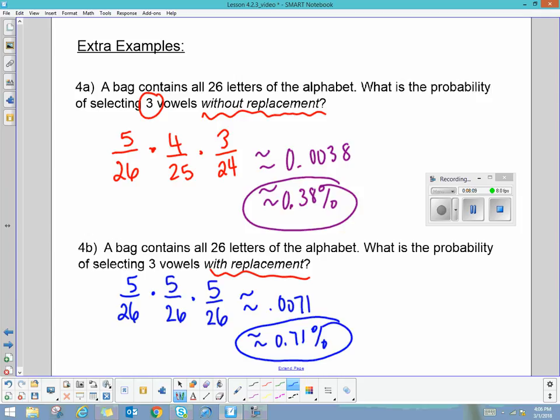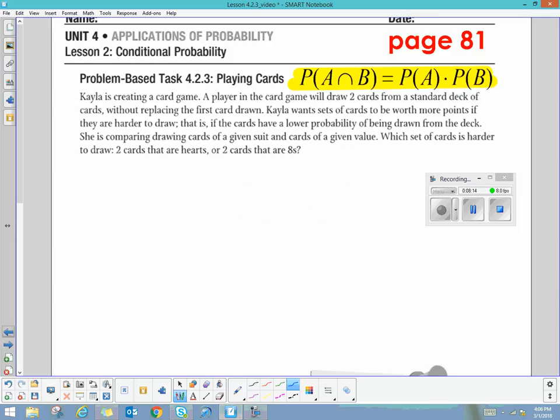All right, I hope you are liking these problems and understanding them. Let's wrap it up with our PBT. So this is on page 81. Go ahead, take a few seconds and read it.